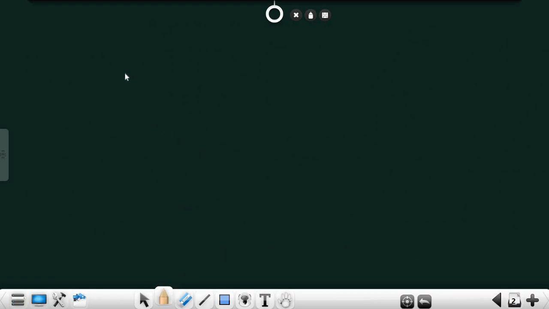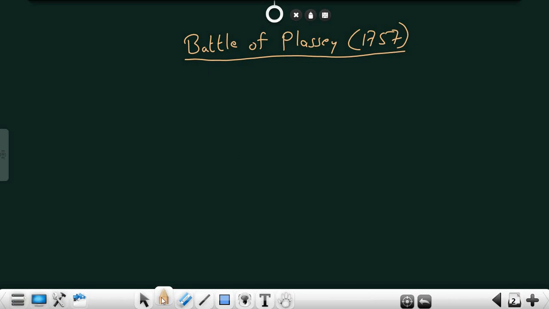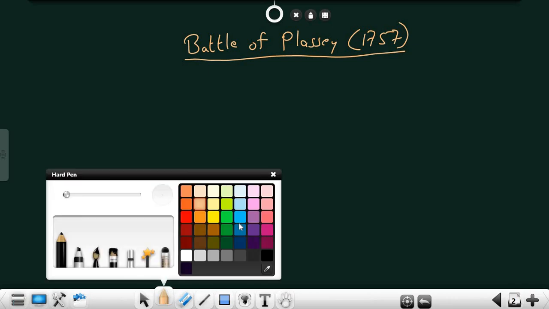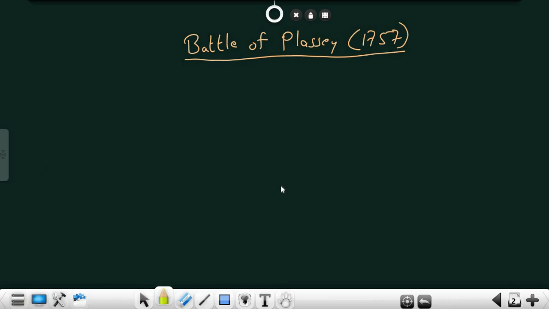The next topic will be the Battle of Plassey, 1757. Let's start with its causes.